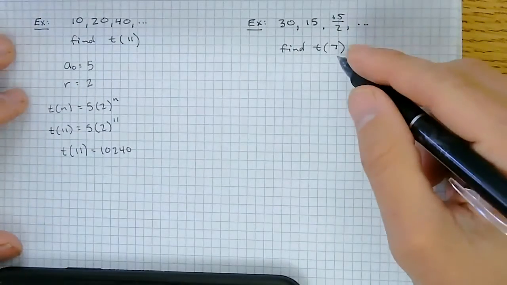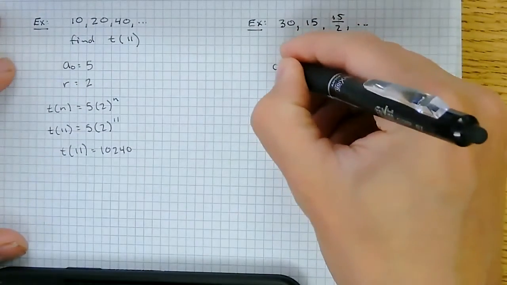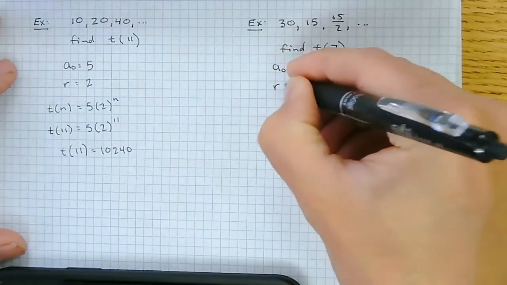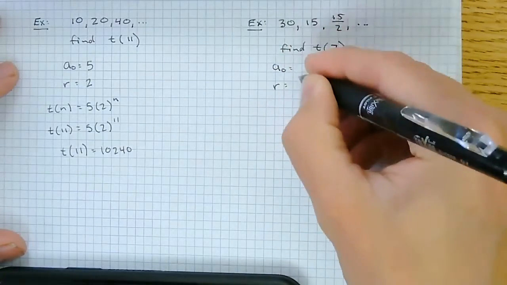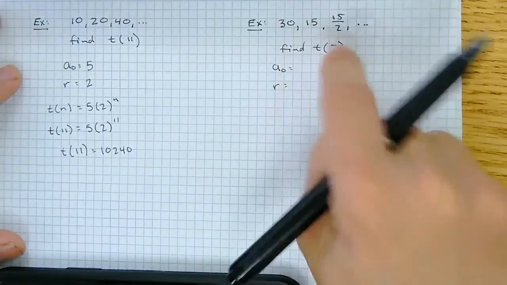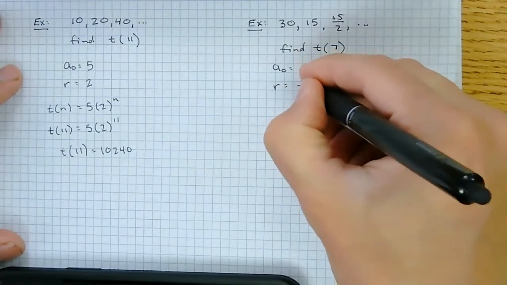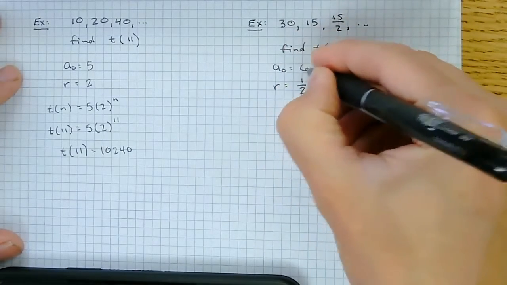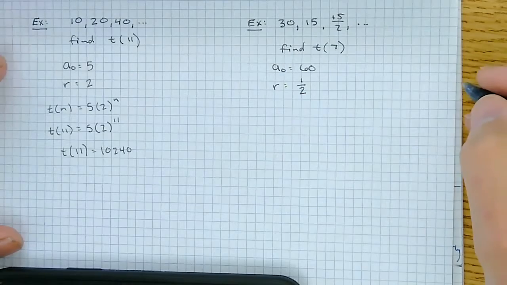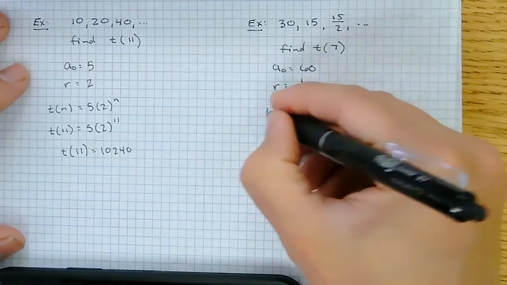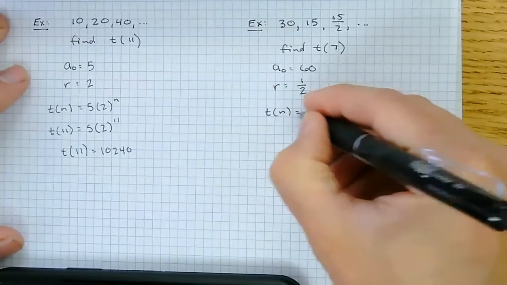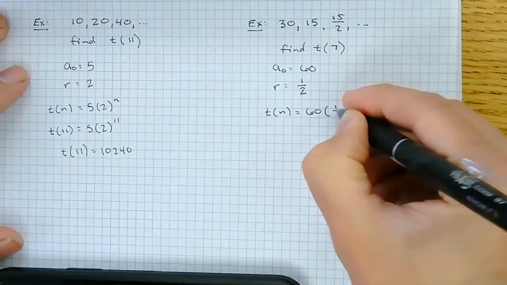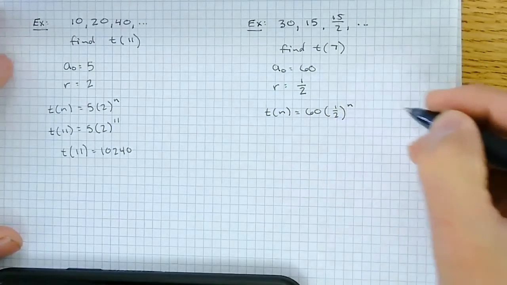Okay, second one, again, we're decreasing, so our generator should be a fraction. We go from 30 to 15, should be multiplying by 1/2. Multiply by 2 to get our 0th term, in this case 60. So t of n equals 60 times 1/2 raised to the nth power.